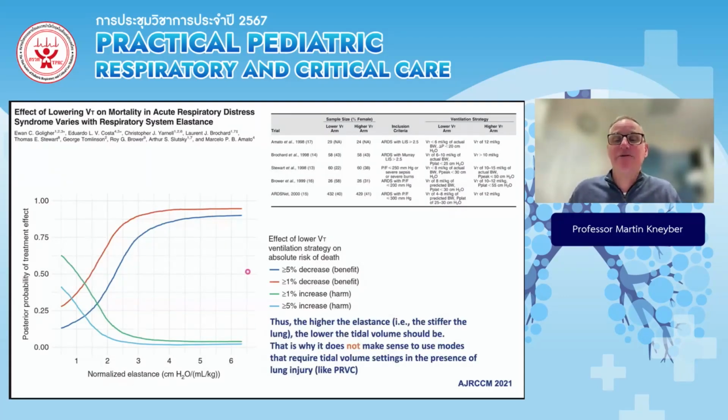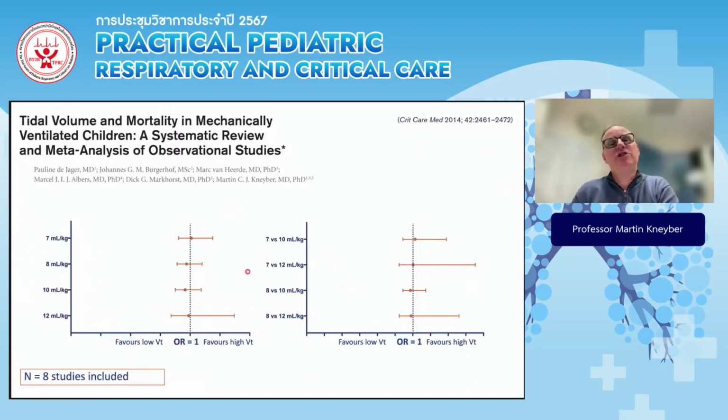So from that perspective, I don't understand why in the presence of lung injury, we still use modes that require volume setting. And I know, for example, PRVC is very much fancied in the pediatric critical care unit, but I don't understand why we use it because we don't know what the tidal volume is. Now, what do we have for children on this?